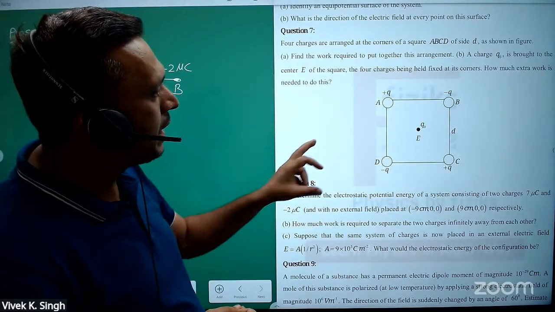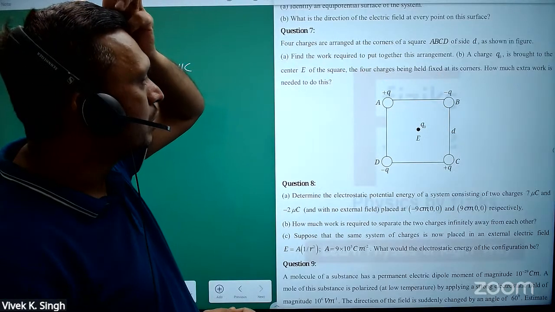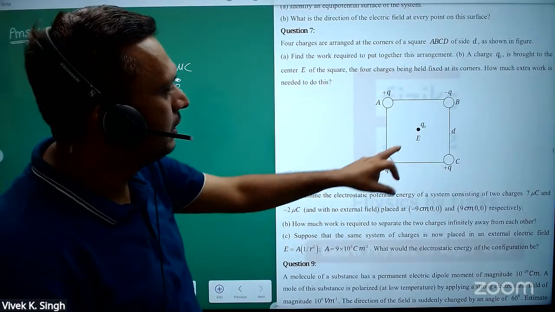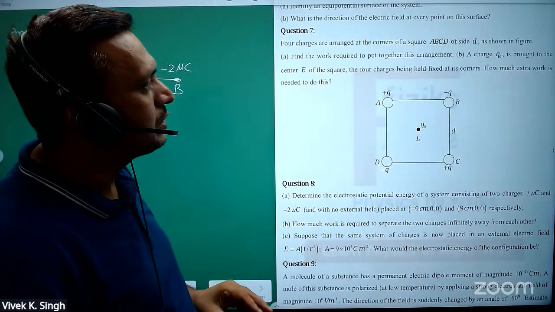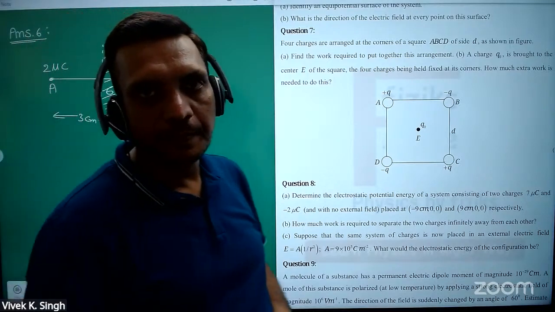This is A part, and in B part, a charge Q naught is brought to the center E of the square, the 4 charges being held fixed at its corners. How much extra work is needed to do this?